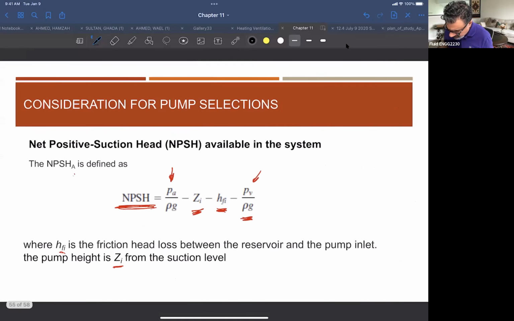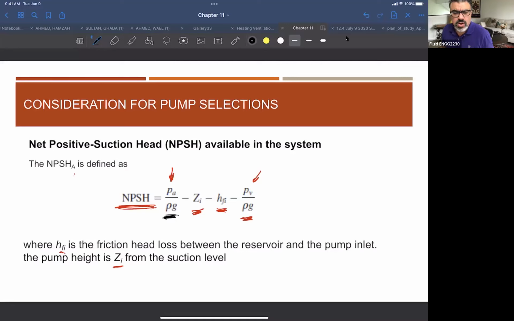And then we said, okay, this net positive suction head available by the system is the atmospheric pressure, because vapor pressure is an absolute term, right? So all the vapor pressures for any fluid listed in any property table are basically absolute.